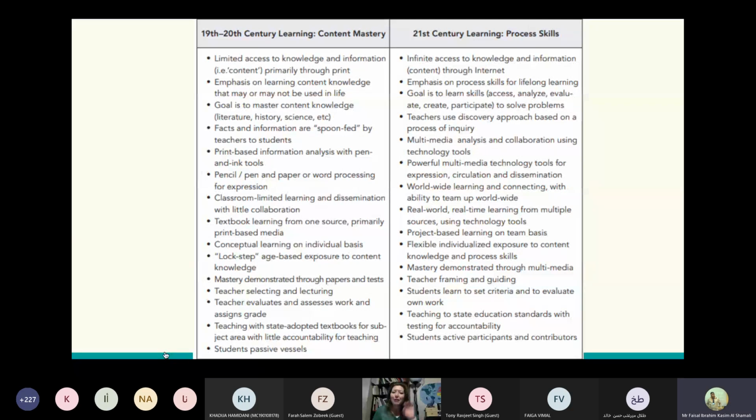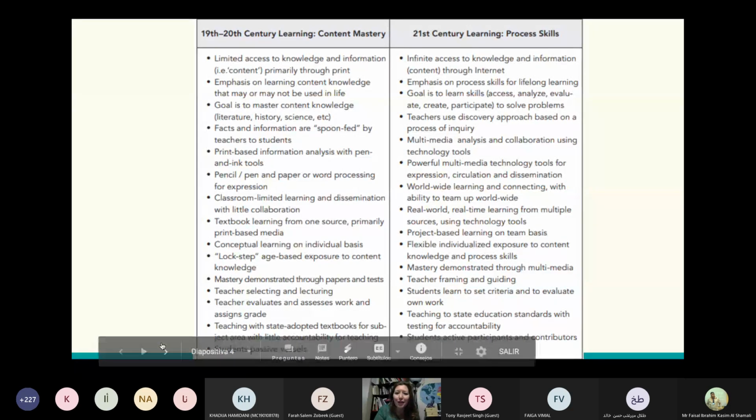These are all really important key points within the 21st century learning process skills. And also kind of a call for us as educators to go and adapt to where the world is going with regards to this.